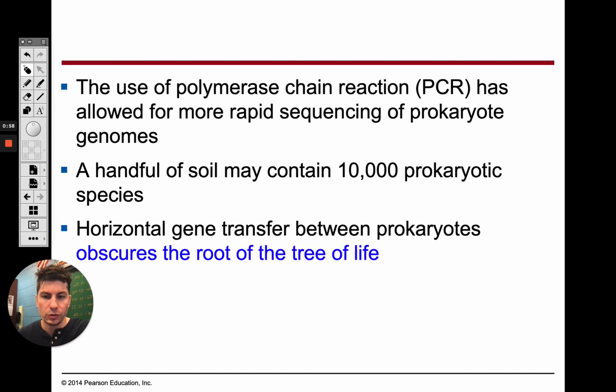There was horizontal gene transfer and vertical gene transfer. When we talked about vertical gene transfer, this was the transferring of genes from parent to offspring. Now, horizontal is going to be during your lifetime, your DNA changing.